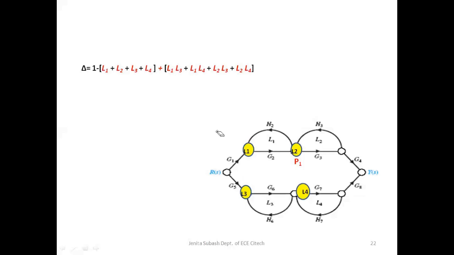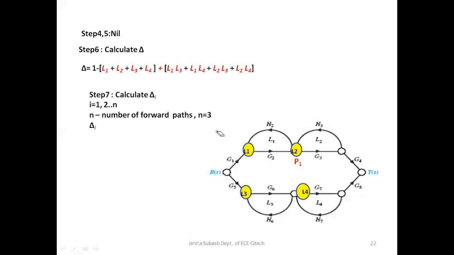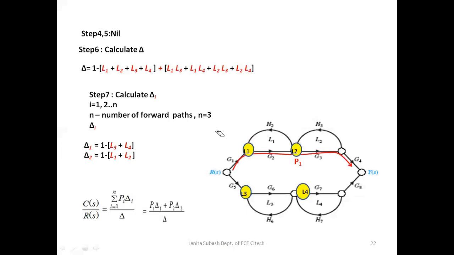Finally, for step 7, we are going to calculate delta i. Here we have two forward paths, so we have to identify delta 1 and delta 2. With respect to the first forward path, we have two loops which are not touching it: L3 and L4 are not touching the first forward path.